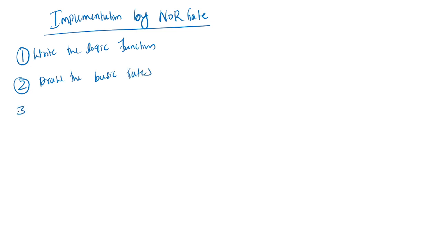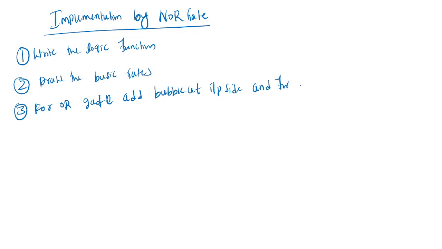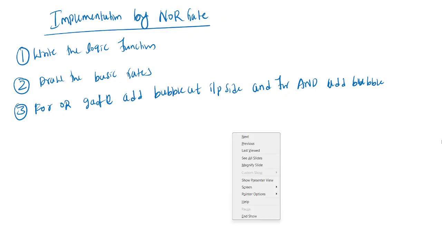For OR gate, you need to add the bubble at the output side.